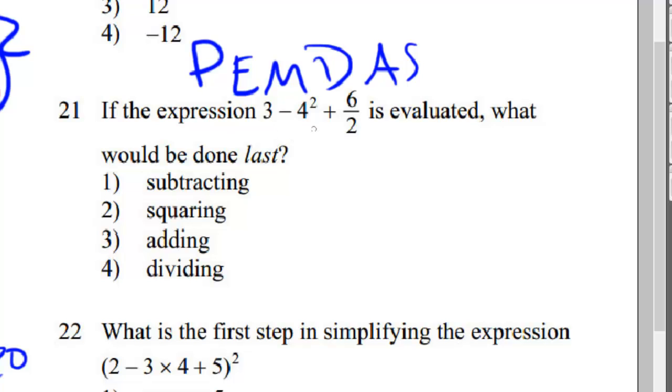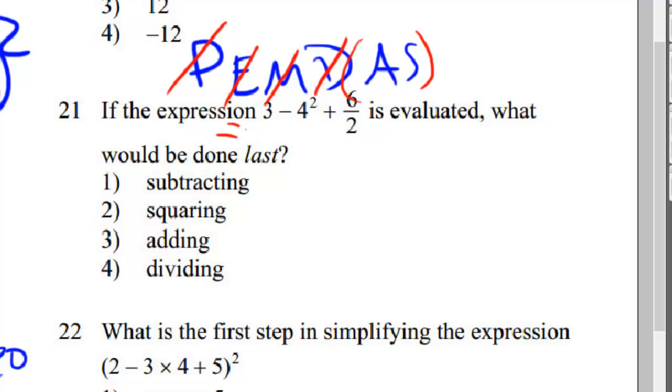So I see that the first thing we would do, because there are no parentheses, is we would do the exponents, and then if there's multiplication, we would do that, but there's not. There is division, however. And then it says adding, subtracting, but I know that we've got a subtraction and an addition problem in here, but do not be confused, because when we're doing this, the addition and the subtraction are in the same category, and we always go from left to right.